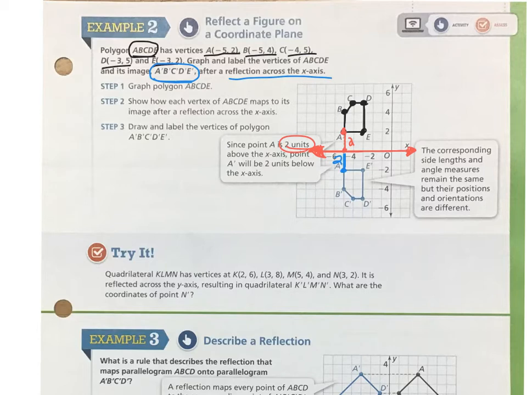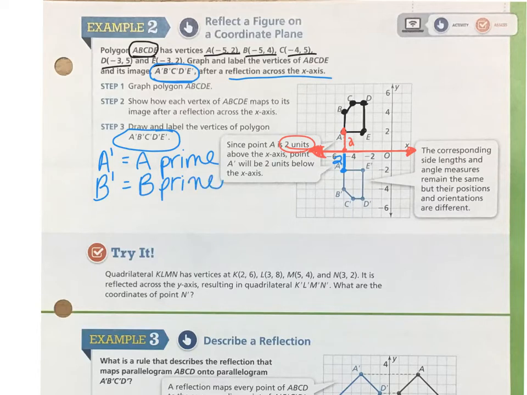Now, the image polygon has a new name. Anytime we see that single apostrophe, we read that as A prime. If we see a B with the apostrophe, we read it as B prime, and so forth.